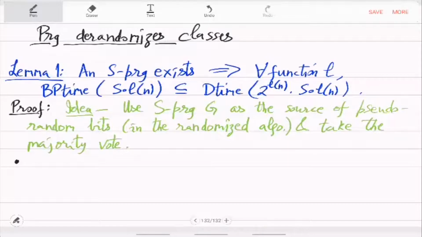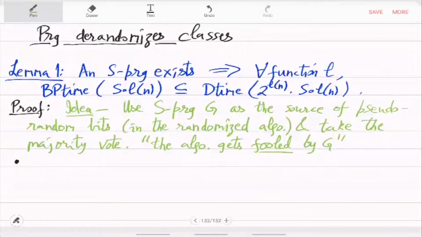So the idea is that your randomized algorithm gets fooled by G. That is how you can put it. The randomized algorithm would not know whether it is getting random bits or pseudo random bits. But of course, we now have to formalize how exactly this fooling happens.